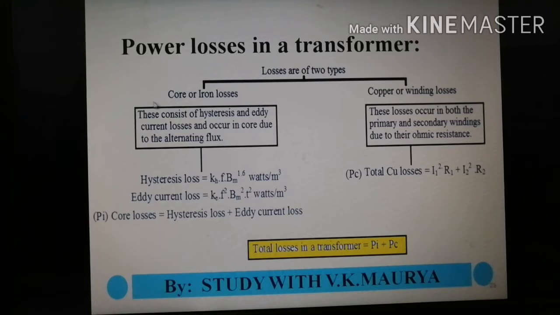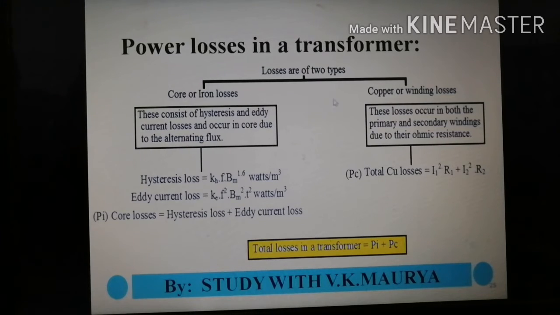Now see the first one, the core loss. These consist of hysteresis and eddy current losses and occur in the core due to the alternating flux. Core loss is related to the hysteresis loss and eddy current losses.